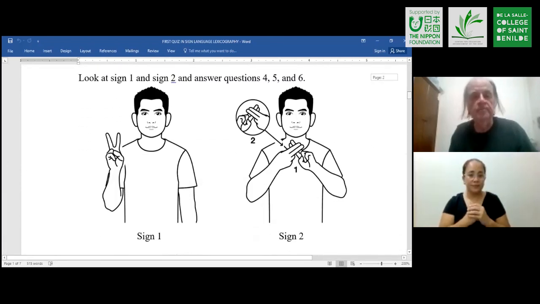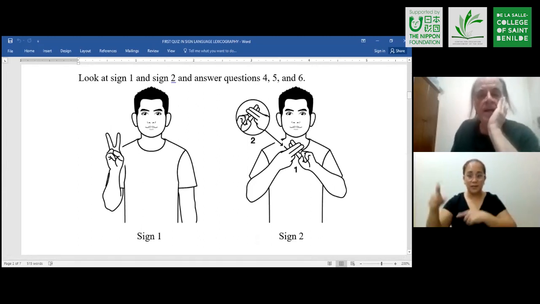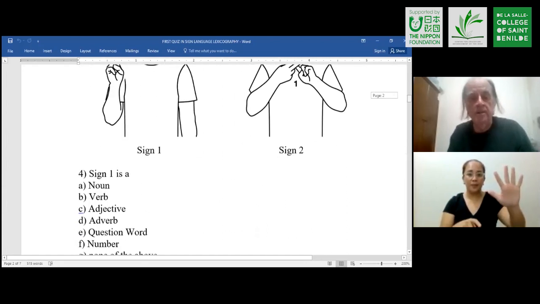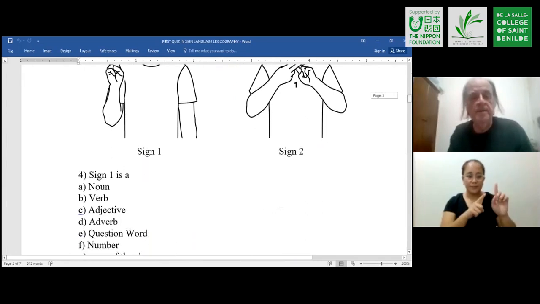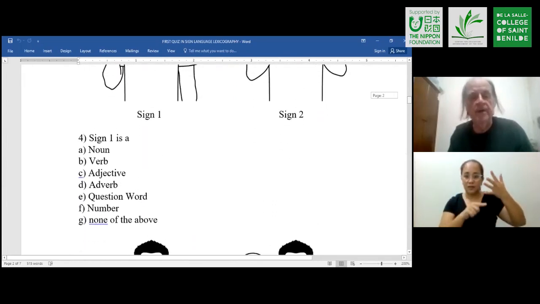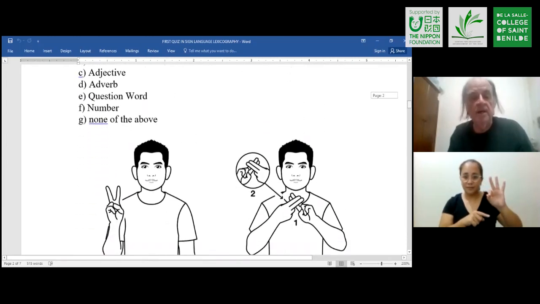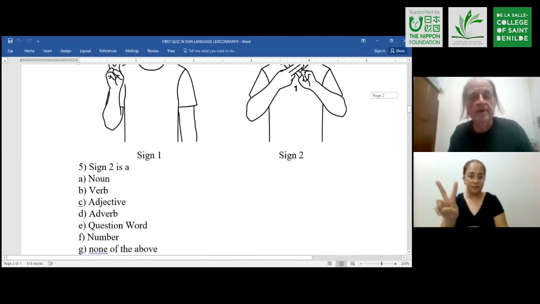All right, so look at sign 1 and sign 2 and answer questions 4, 5, and 6. Sign 1 is a noun, verb, adjective, adverb, question word, number, none of the above. F, number. Sign 2 is a noun, verb, adjective, adverb.